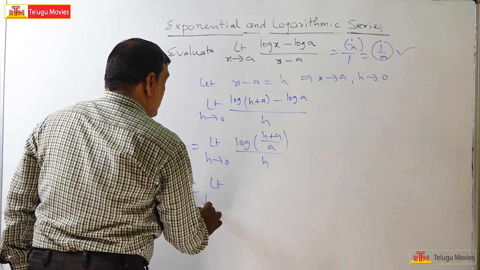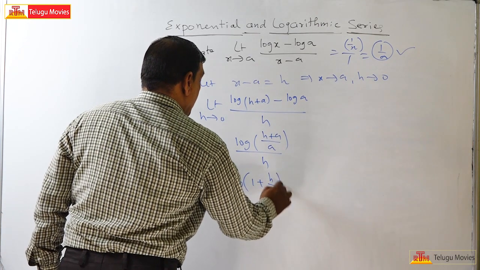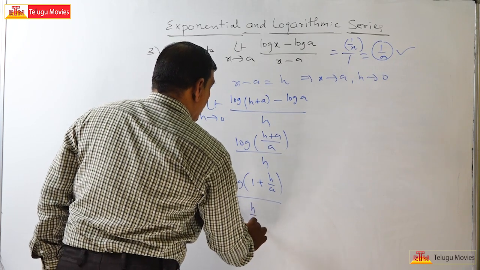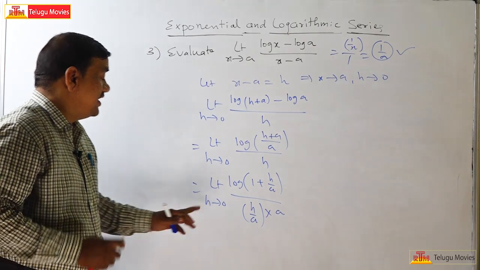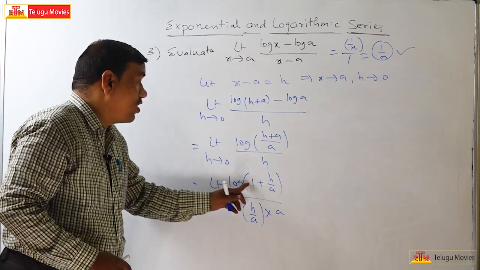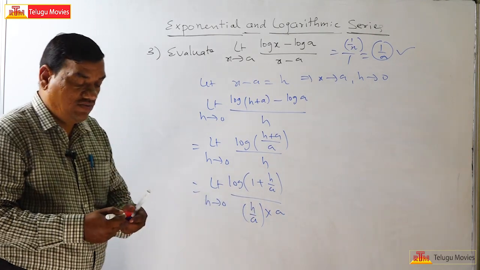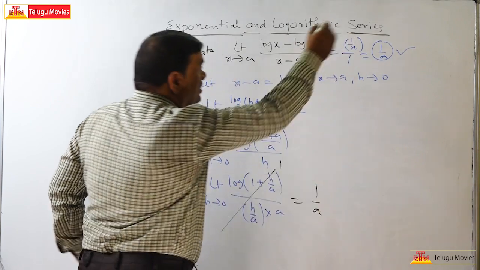So this is limit h tends to 0 of log of 1 plus h by a, and in the denominator we also write h plus a into a. Now as h tends to 0, h by a also tends to 0. So log of 1 plus x by x, its value is equal to 1. Therefore, the final answer is 1 by a.